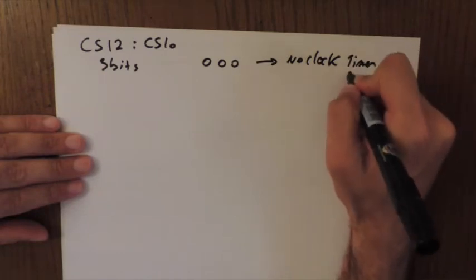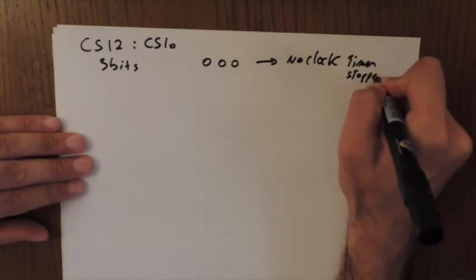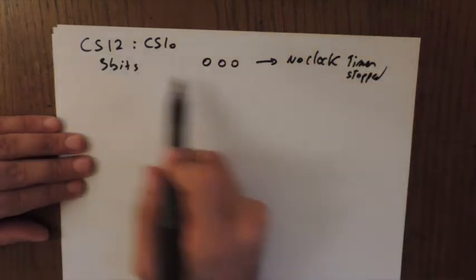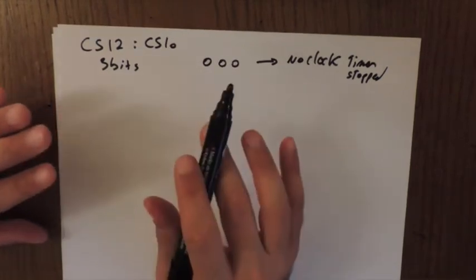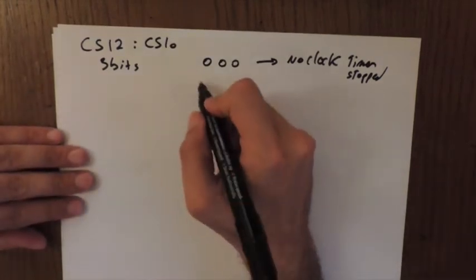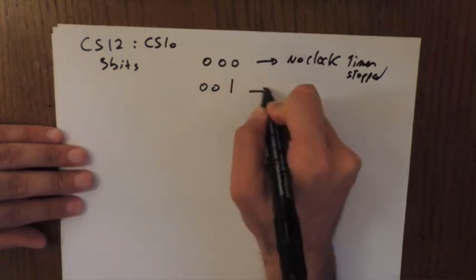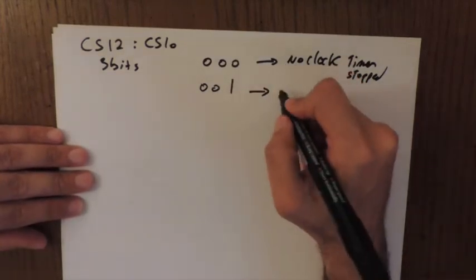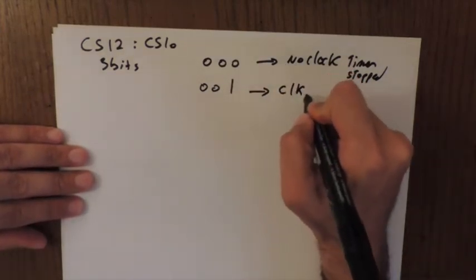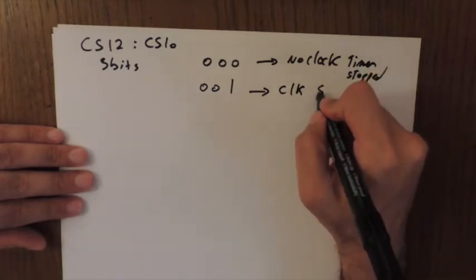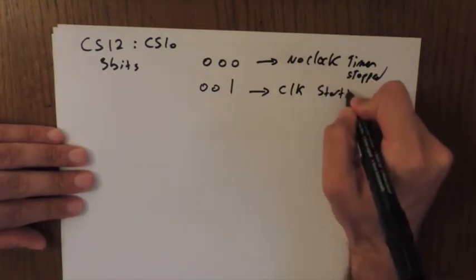So if we set those 3 bits to 3 zeros, then we can stop the timer. Then if we set them to 001, we feed it a clock and we start the timer.